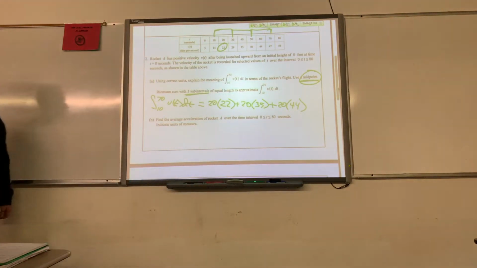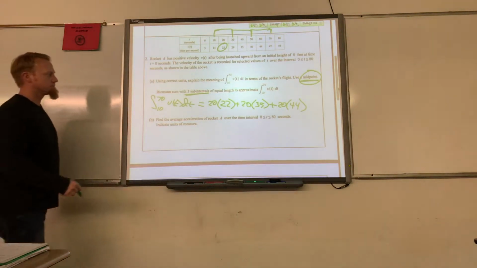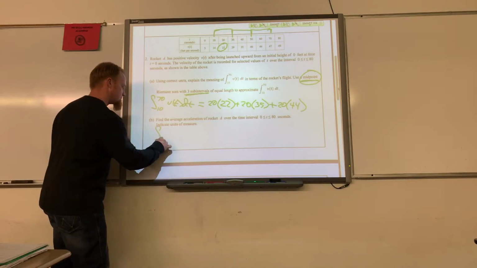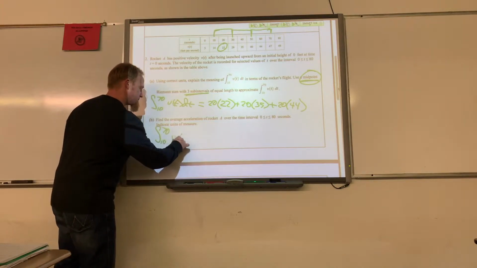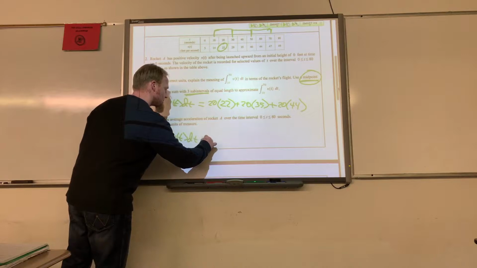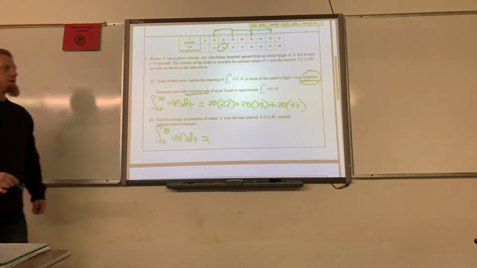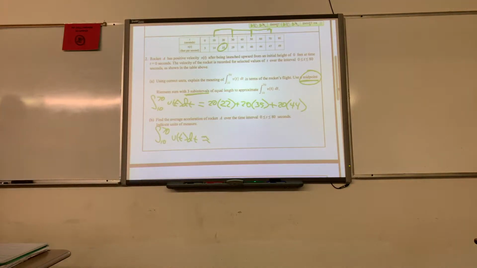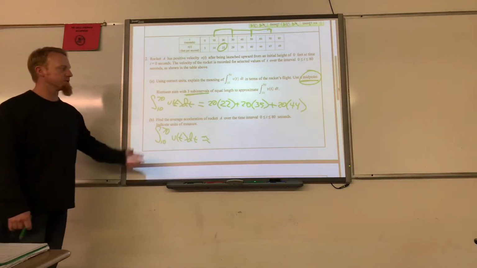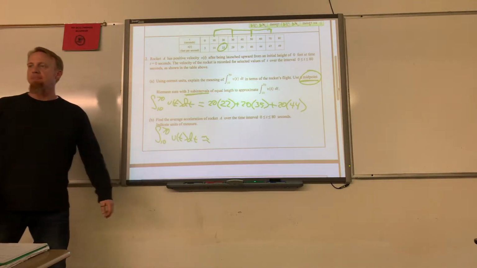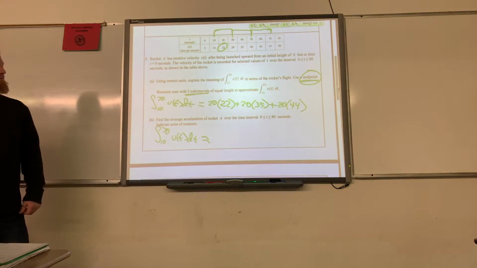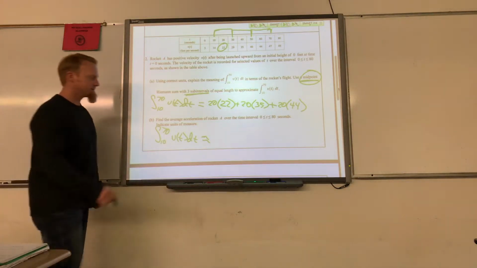Somebody with the calculator, knock that out for me real quick. So we could just do 22 plus 35 plus 44 and then take that times 20, since you can factor the 20 out. 2020?